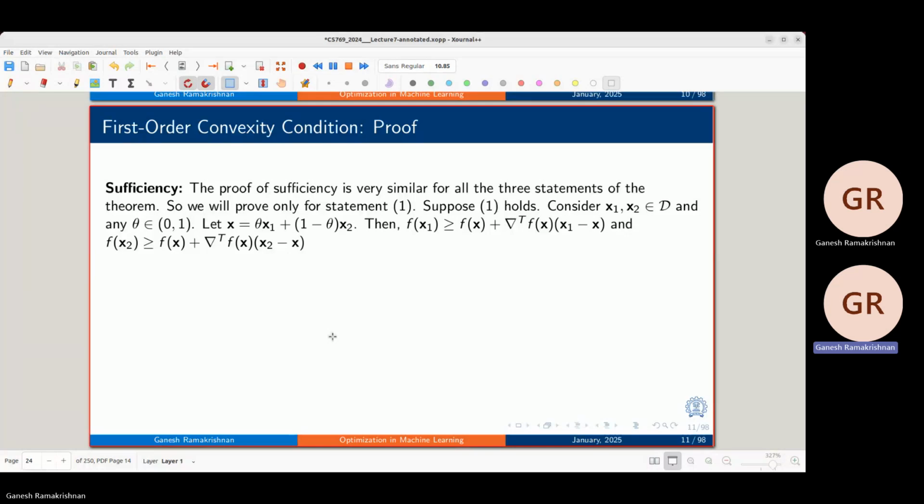My goal is to get them cancelled out. See, what is my goal? The goal is to get the original inequality for convexity, which didn't have gradients. I want to get rid of my gradients from the two inequalities. And that happens by virtue of this, right? One is 1 minus theta times x1 minus x2, the other is minus theta times x1 minus x2. Actually, did I write it correctly?